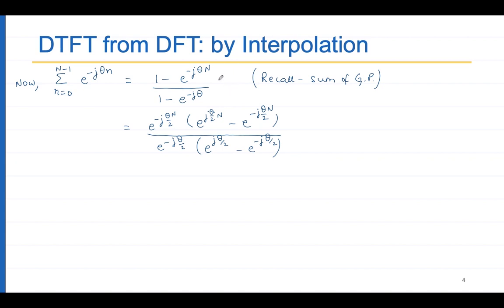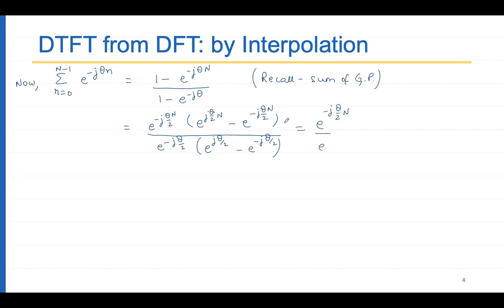I want to separate the magnitude from the phase so that I can probe more into the nature of this term. To find the magnitude, a simple trick is to represent it in terms of sine and cosine, and I know e to the power j theta minus e to the power minus j theta is j times the sine of theta.